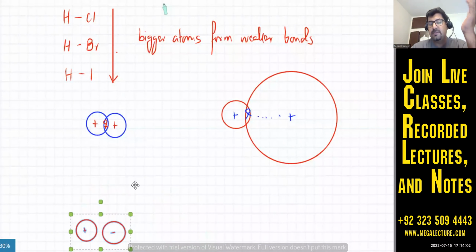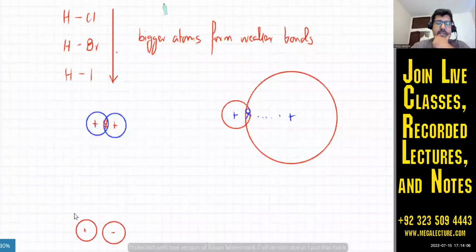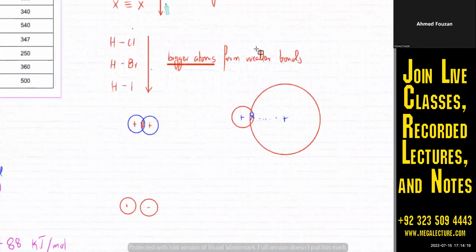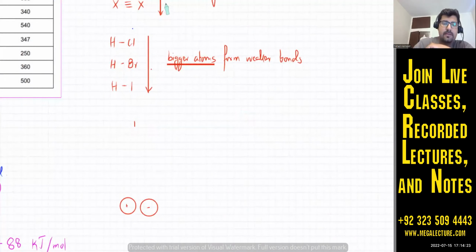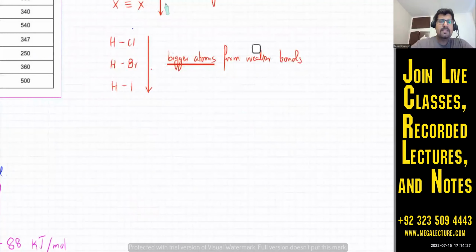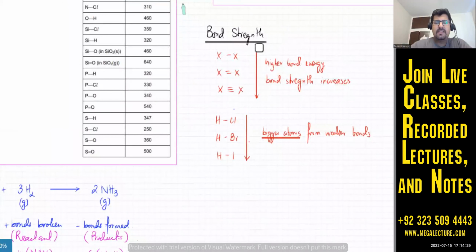The charge is the same, but the distance is now really small, so they'll be strongly attracted to each other. The idea clear? Just remember, bigger atoms are always going to form weaker bonds. Is that clear? Yes, sir. Is that clear, Rafi? Yes, sir. So just remember this fact. Baki, we'll discuss this in a lot more detail when we study chemical bonding.